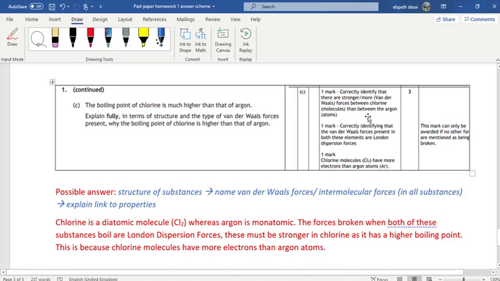So you're identifying that there must be stronger forces in chlorine. You're getting a mark for identifying and naming that the van der Waals forces present in both are London dispersion forces here, and then you're getting 1 mark for giving the explanation that chlorine molecules have more electrons than argon atoms, and that's why the London dispersion forces are stronger.